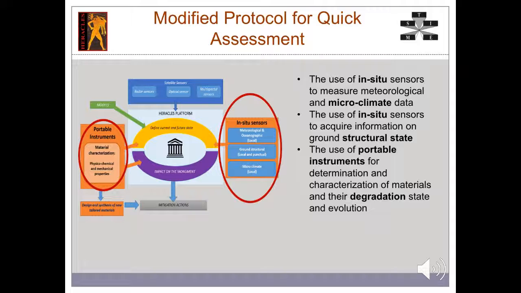Basically this primarily makes use of in situ sensors for measuring meteorological and microclimate data, also to acquire information on ground structural state, and then portable instruments for the characterization of materials and their degradation state.